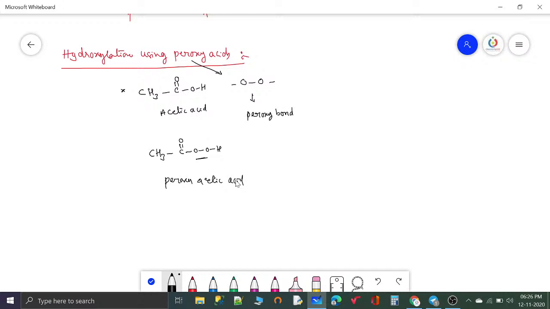Similarly, the most efficient reagents usually used in this type of oxidation reaction are not only peroxyacetic acid; two more reagents are there. If you take benzoic acid, this is the normal benzoic acid, but if you add one more oxygen, CO3H, this is called peroxybenzoic acid.